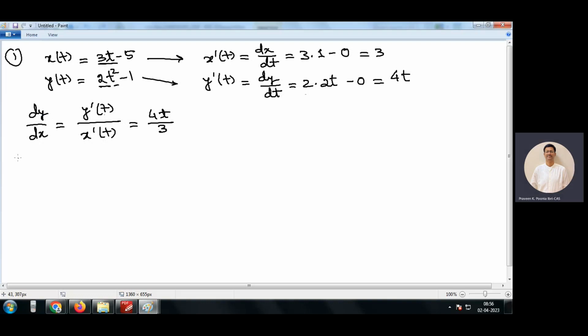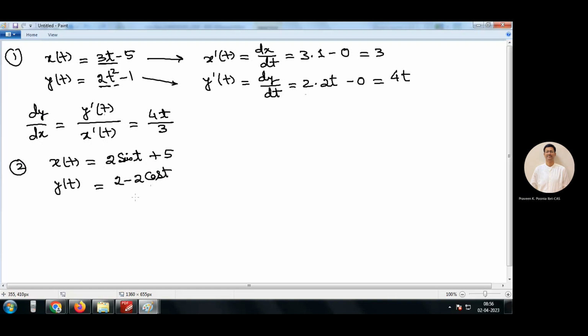So this is how. Let us take one more question with a trigonometric function: x(t) is equal to 2 sine t plus 5, and let us say y(t) is equal to 2 minus 2 cosine t. This is a parametric equation in the form of trigonometric functions. So how to calculate dy by dx?